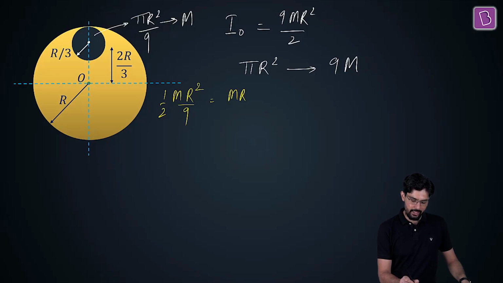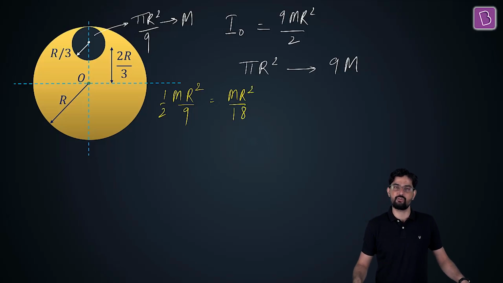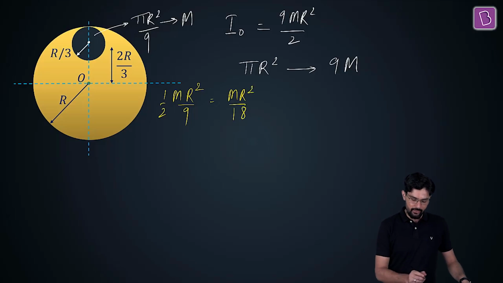So mr square by 18 is the moment of inertia of the removed portion about its natural axis of rotation. And now we can use the parallel axis theorem plus m 2r by 3 square, right?